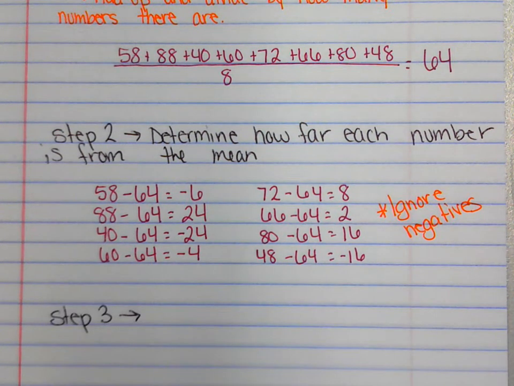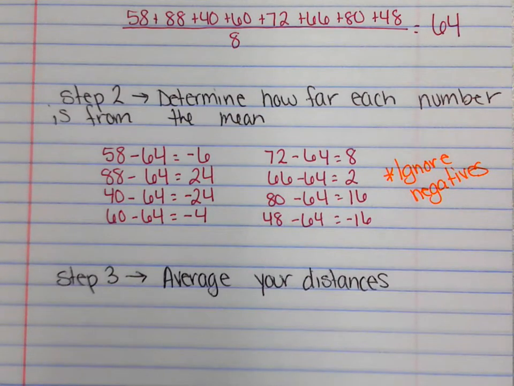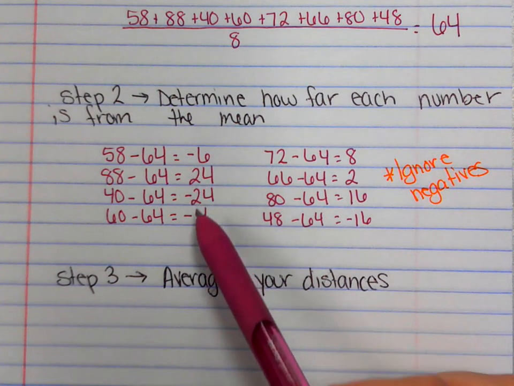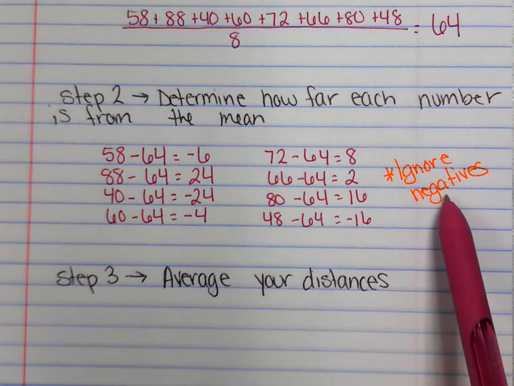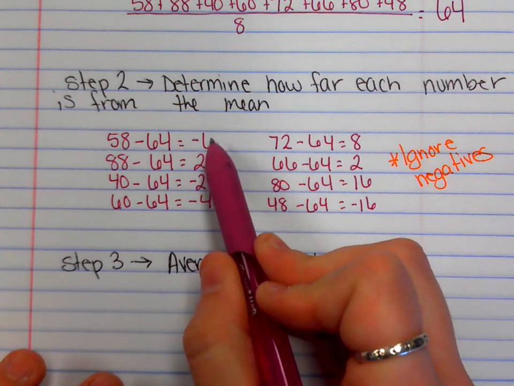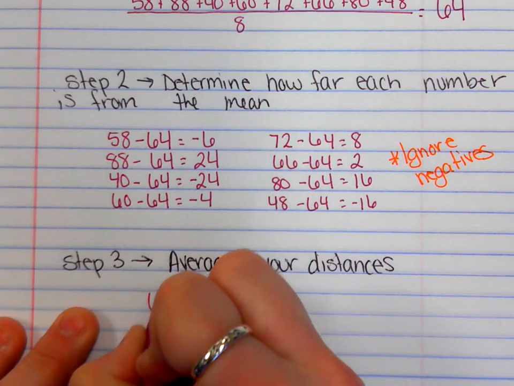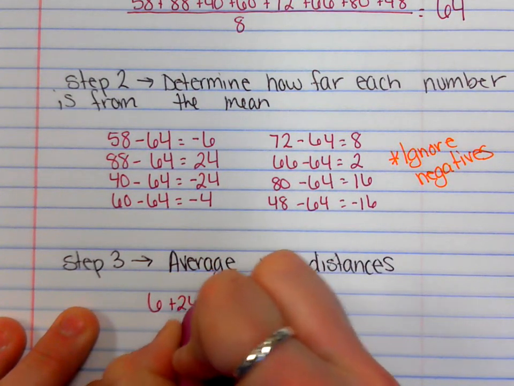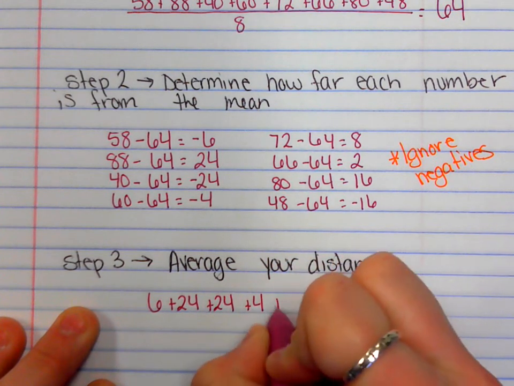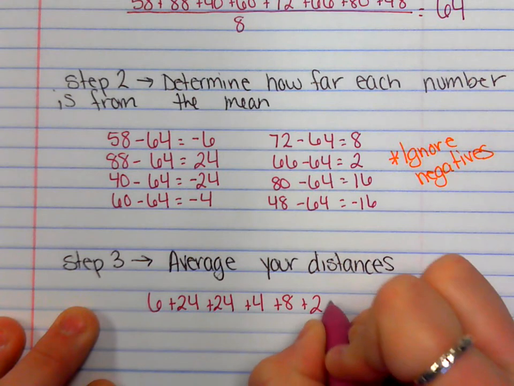All right, for step three, you're going to average your distances. So you're going to take these numbers that you just found, you're going to ignore the negatives, and you're going to add them all up. So ignoring the negatives, instead of -6, we're just going to do 6. We're going to add all of these up and just pretend like none of them are negative.